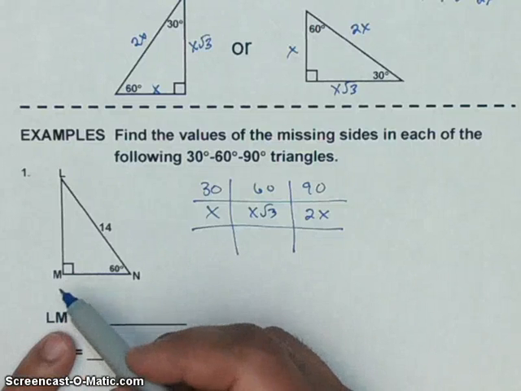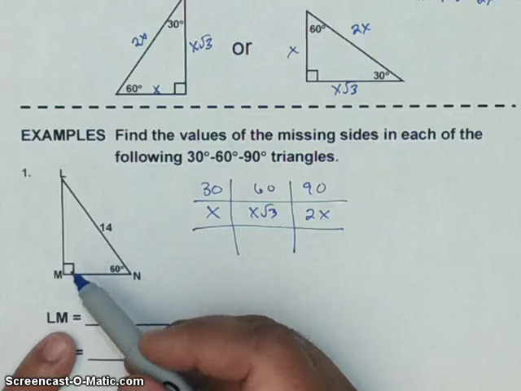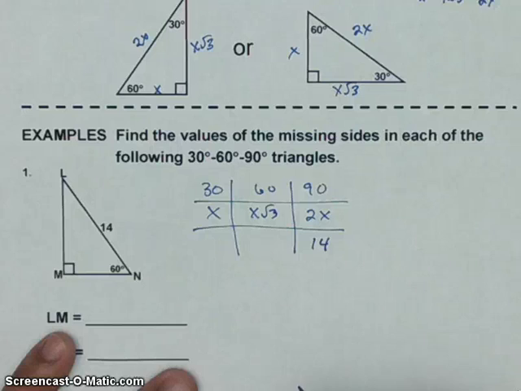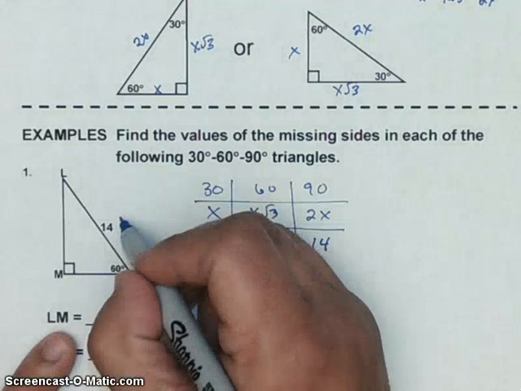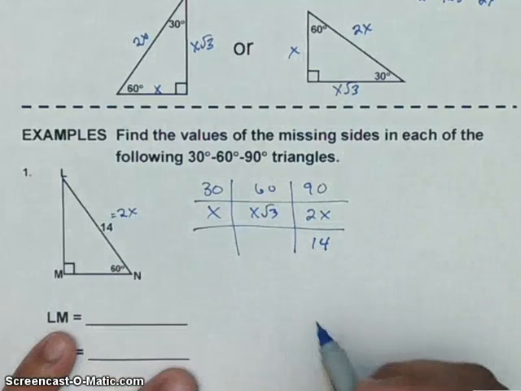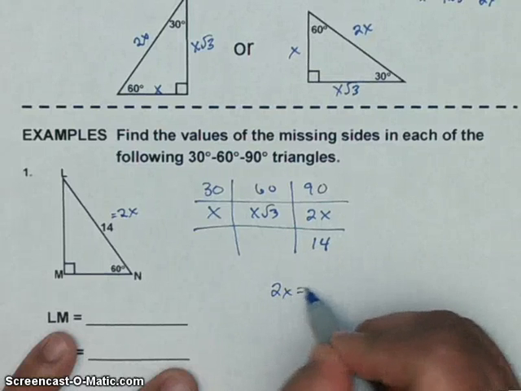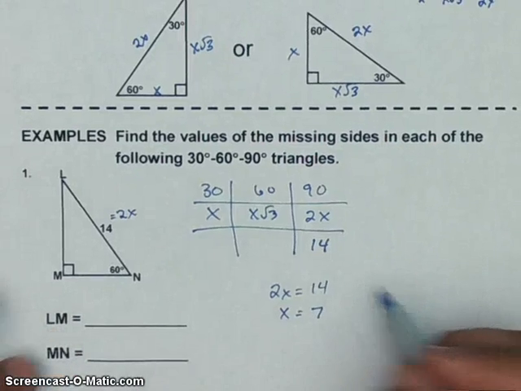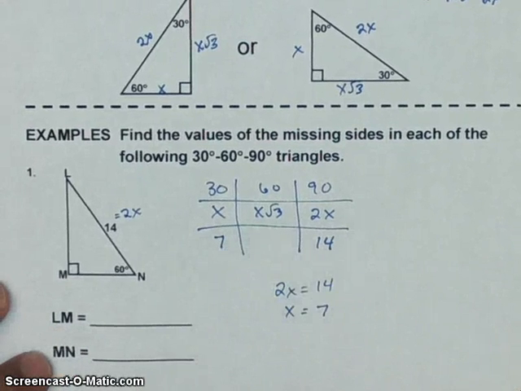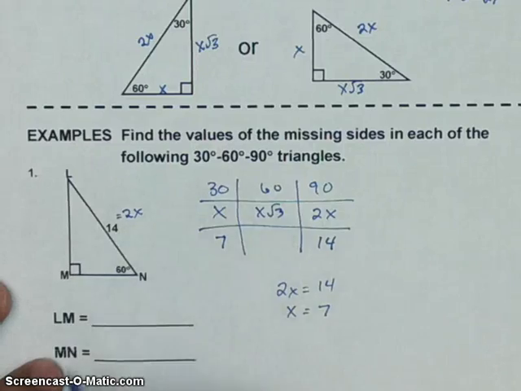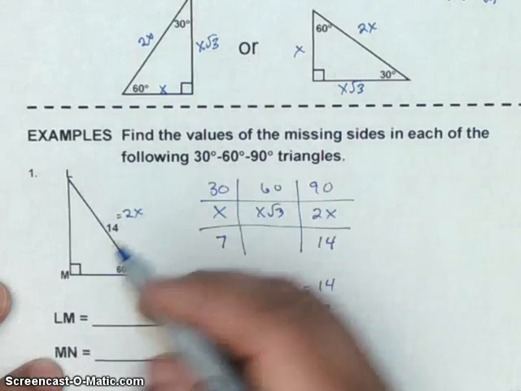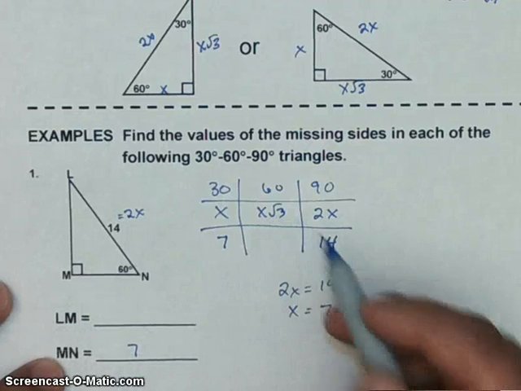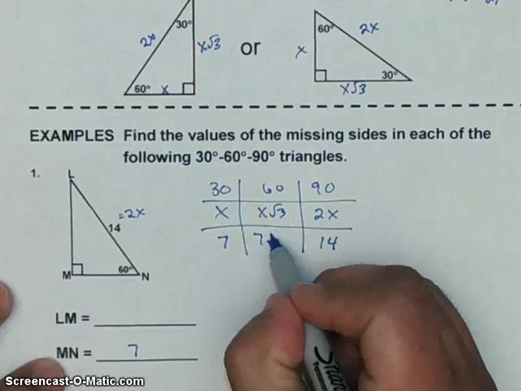The one they gave us was across the 90, which is the 14 here. So I know this is my 2x side. So 2x equals 14 means x is just 7. So my 7 would go here, which is going to be my MN side. And this one is going to be 7 square roots of 3.